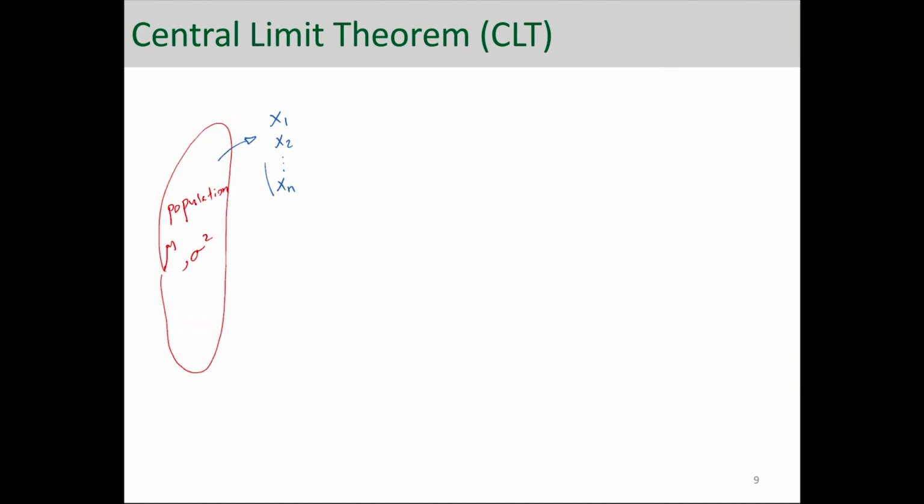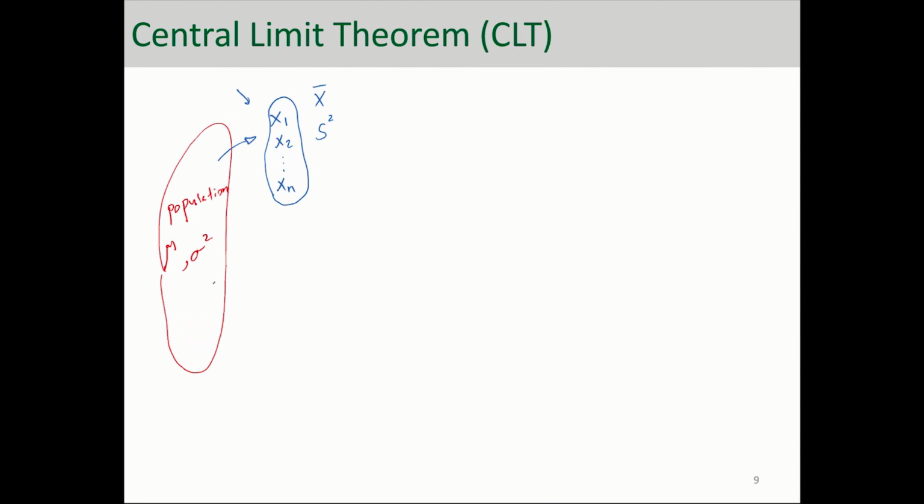Let's say that population is all the patients available to you, and this sample is n of those patients whose cholesterol level you are measuring. And for this sample, you would have a sample average and a variance. We call that variance S squared.